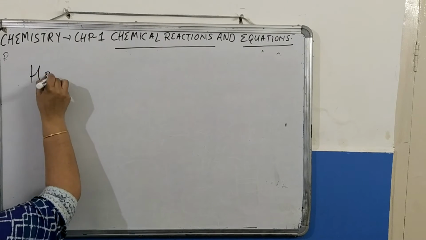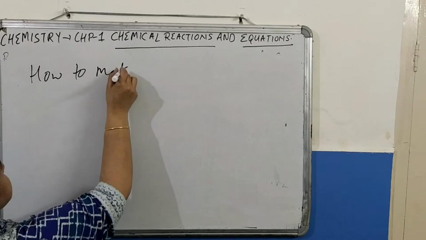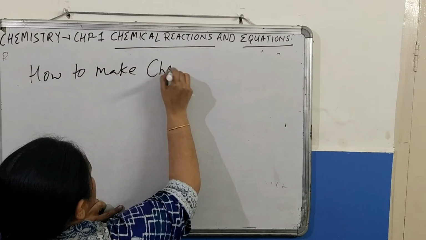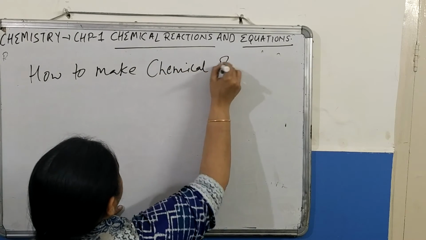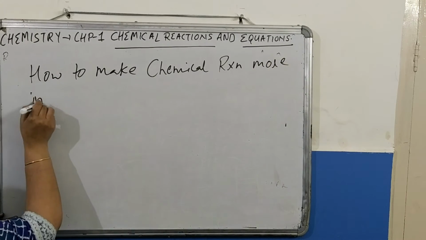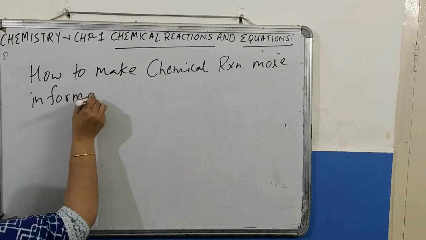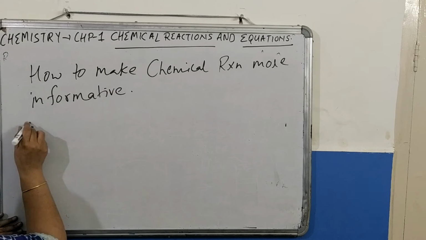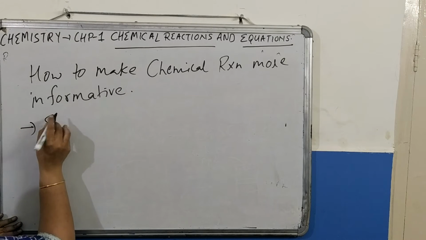Now the question is how to make a chemical reaction more informative, right? So 3 things. Number 1, we can tell the state.